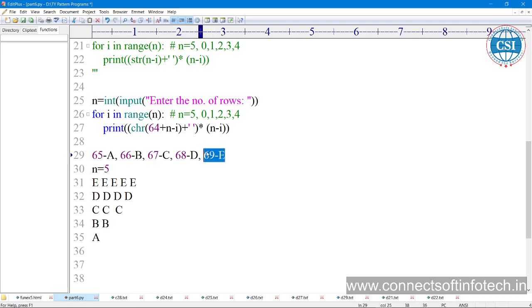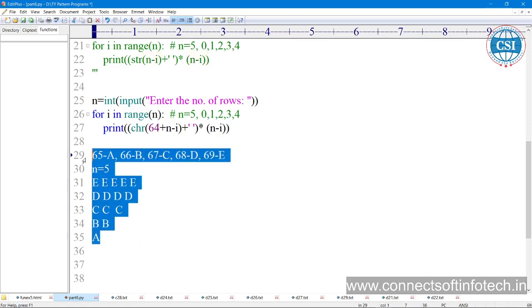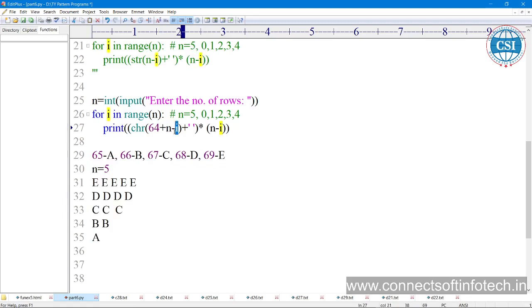If you enter n is equal to 5, that is 69, i is initially 0, E will print n minus i times, 5 times. Then it will be minus 1, 69 becomes 68, so D will be printed. Perfect, it will work.